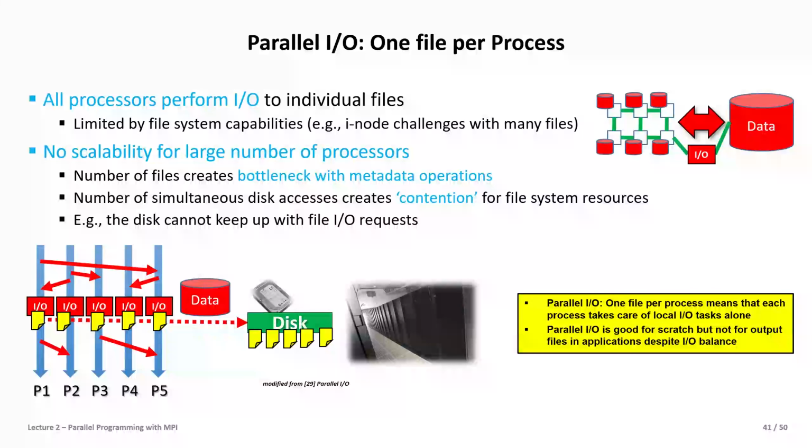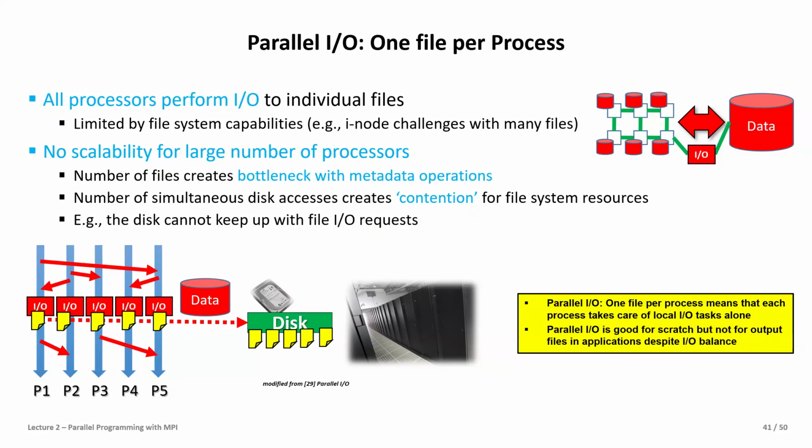Because many different files, let's assume we run it for 25,000 processors. That means at one point in time, we create 25,000 files at once, right? Because everybody has its own file, everybody has its own thing to write in, but the file system remains the same, right? It's all for one, the file system.